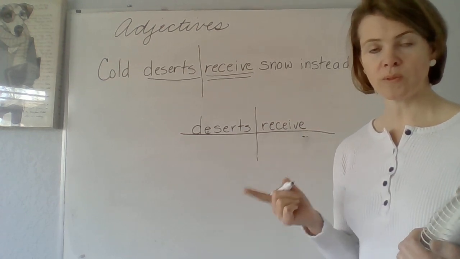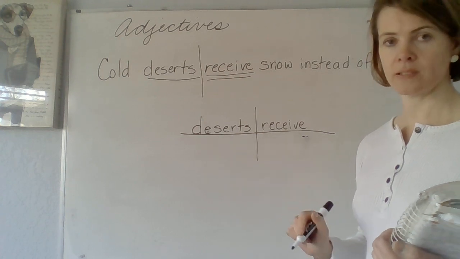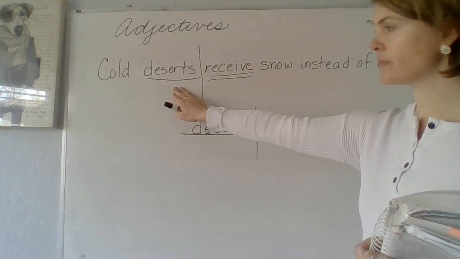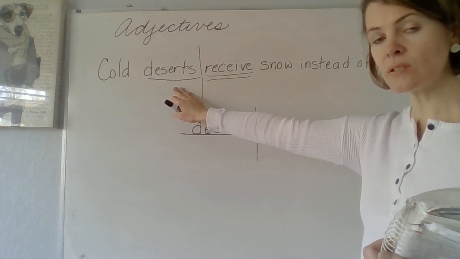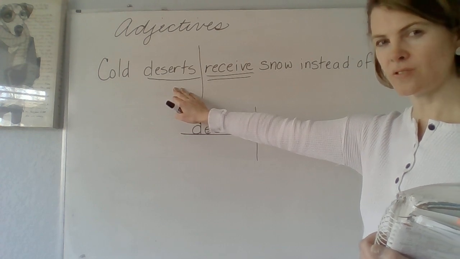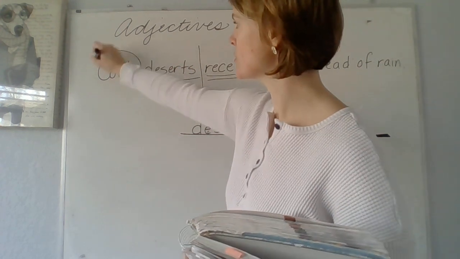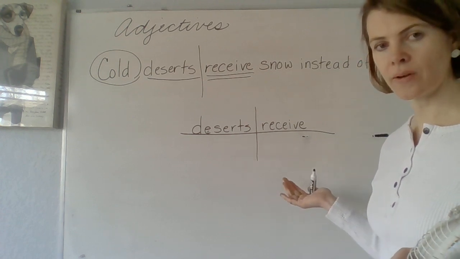But what do we do with adjectives? So first of all, is there an adjective that describes our subject? Here's my noun. Let's ask our questions. What kind of desert? Which desert? How many deserts? What kind of desert? It's a cold desert. So where do I put that word cold when I'm putting it on my diagram line?